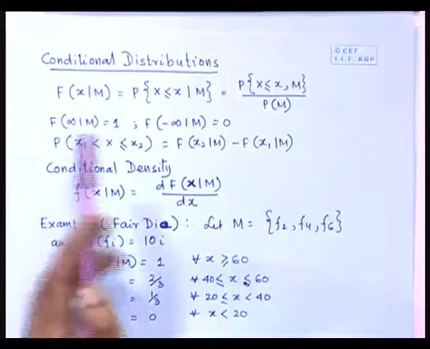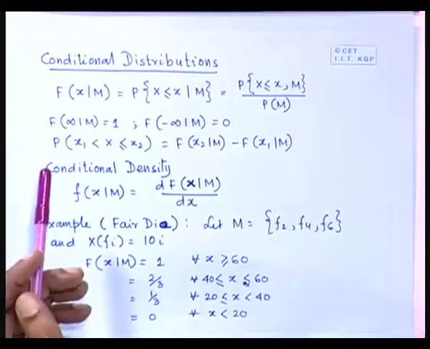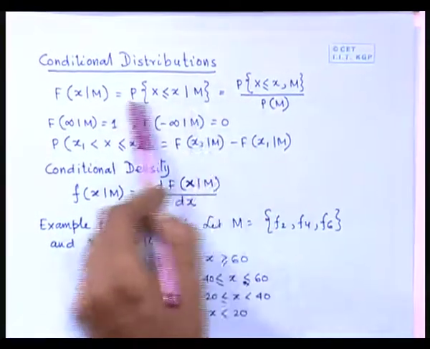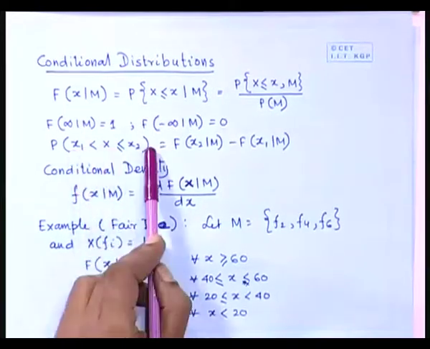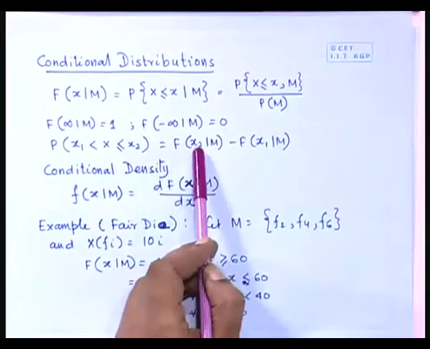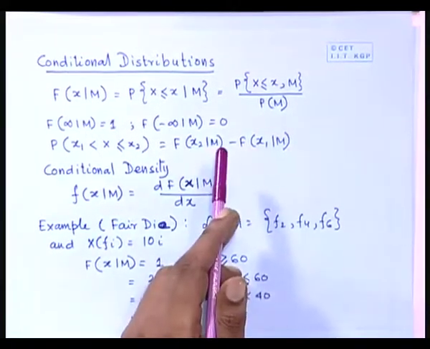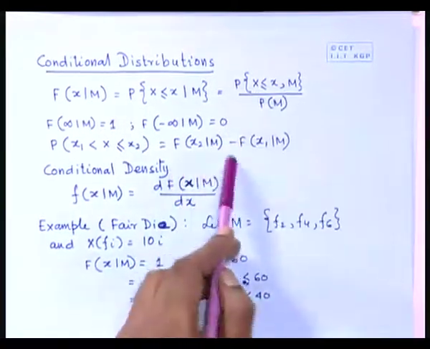So, obviously, F of infinity given M must be 1 and F of minus infinity given M must be 0. And the probability that x is greater than x1 and less than or equal to x2 is again F of x2 given M minus F of x1 given M. That is, whatever properties x1 and x2 generally satisfy, this also satisfies.